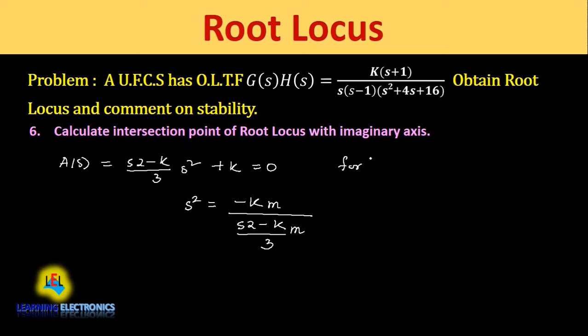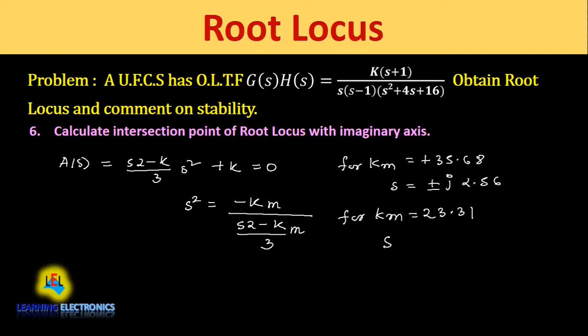For k marginal is equal to plus 35.68, we will get s is equal to plus minus j 2.56, and for k marginal value is equal to plus 23.31, we will get s is equal to plus minus j 1.56. Okay, so these are the points of intersection of the root locus with the imaginary axis.